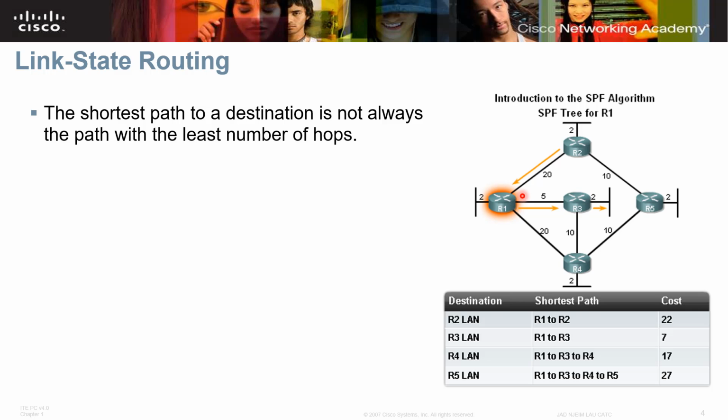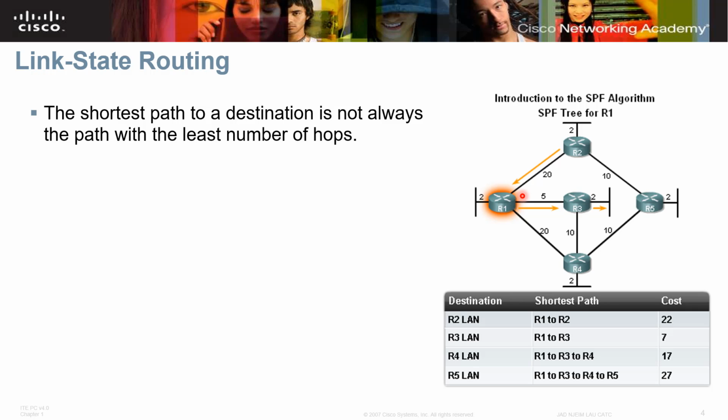And I need to calculate the shortest path to each router, because here I can reach, for example, R4 by 2 paths. I am directly connected to R4, or I can reach R4 through R3. But in the shortest path tree, I need to put only one path to each destination, the one with the minimum cost. This is what we mean by the shortest path tree.